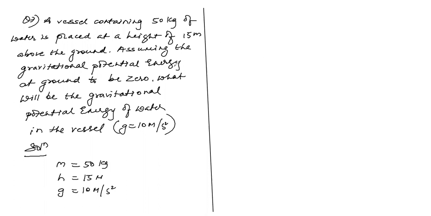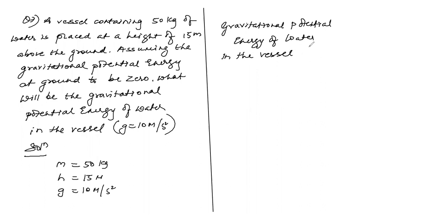So naturally, when they say gravitational potential energy of the vessel, it is at a height, so the gravitational potential energy of water in the vessel is equal to mgh.